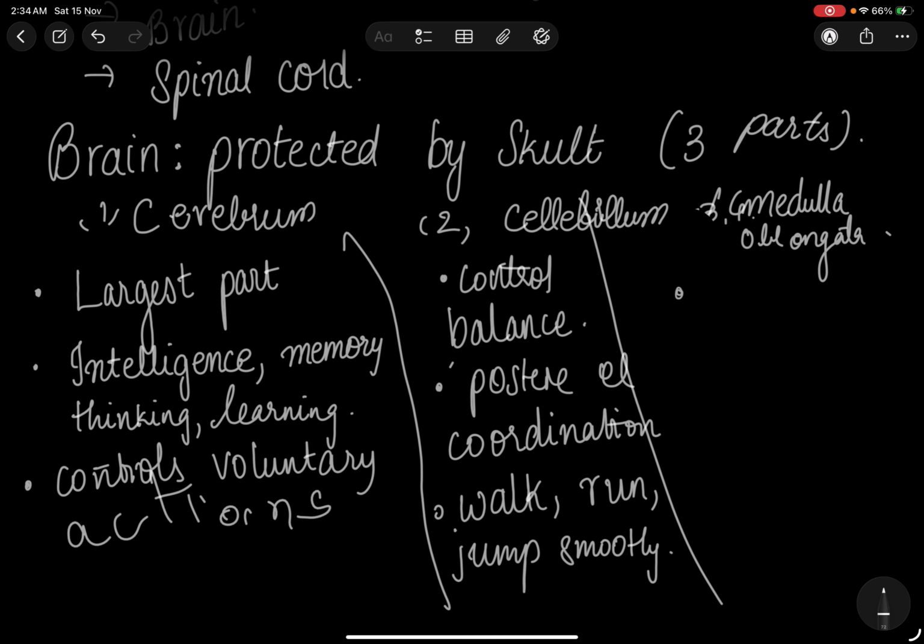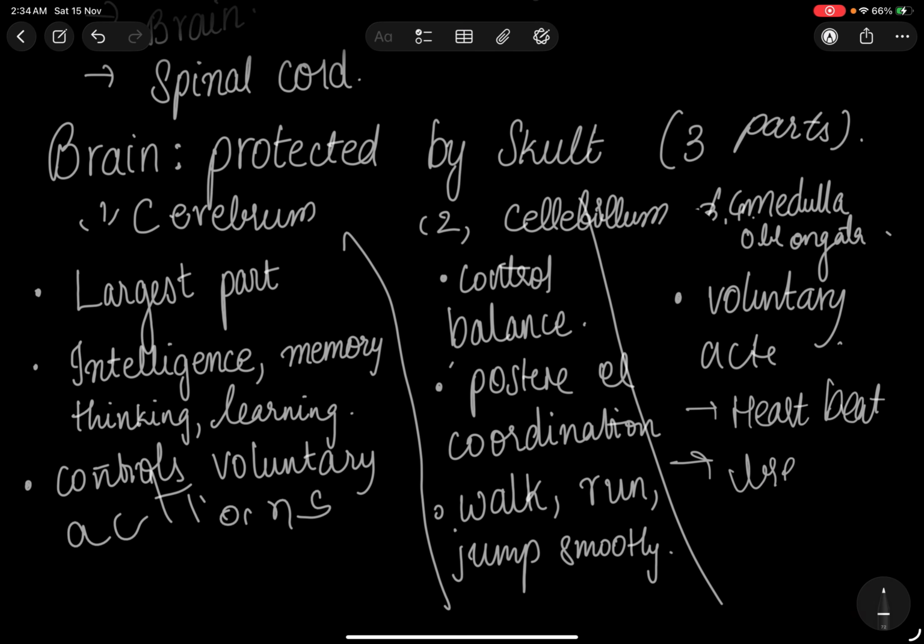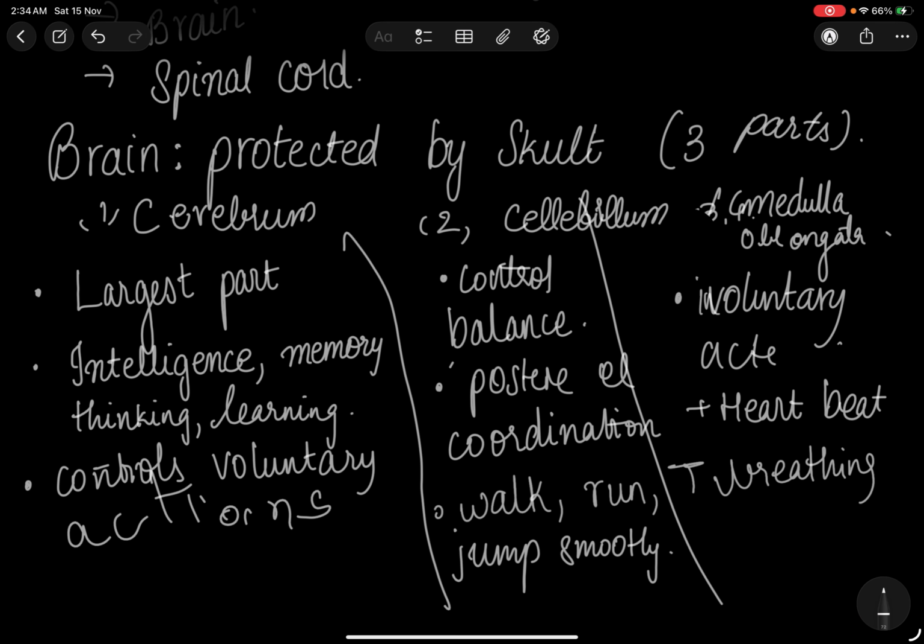And the medulla oblongata controls involuntary actions like heartbeat, breathing, and etc.